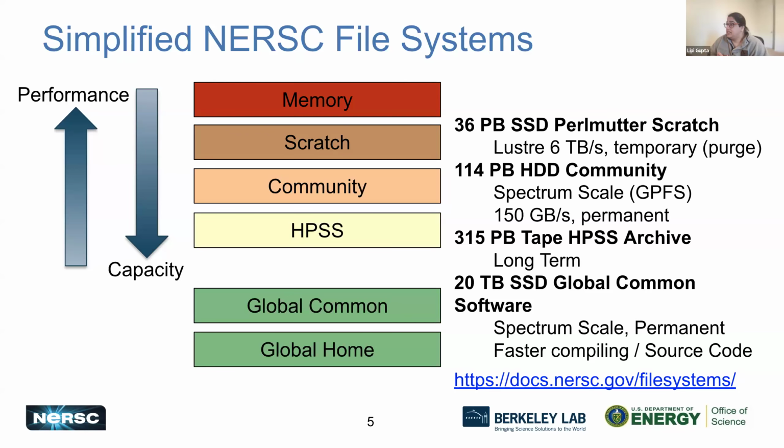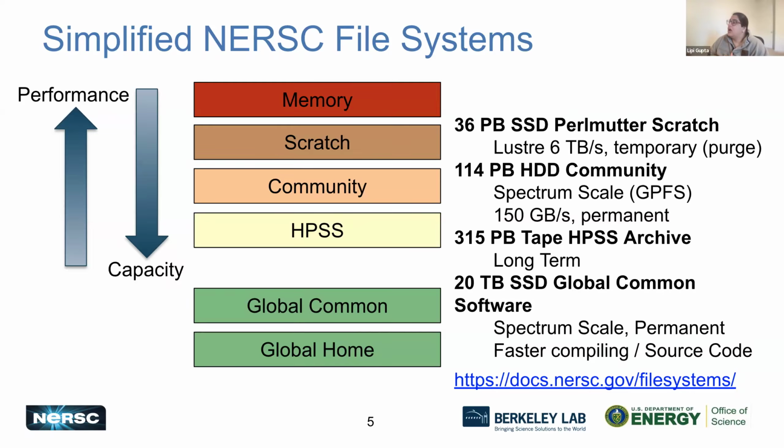Then there's the community file system. This is where all of your projects get space to store things. It's not SSD, so it's not quite as fast, but it's really, really big. The data rate goes from 6 TB per second on Scratch to about 150 GB per second.